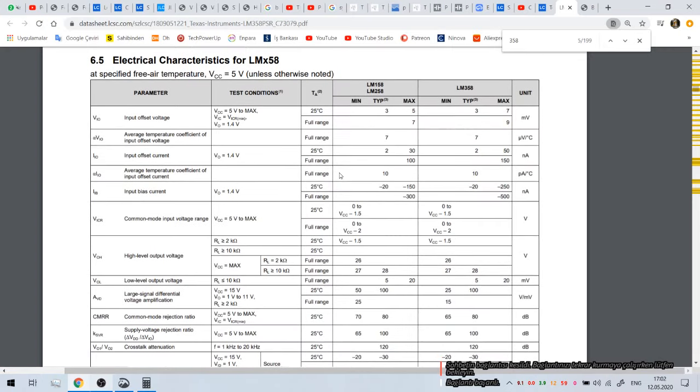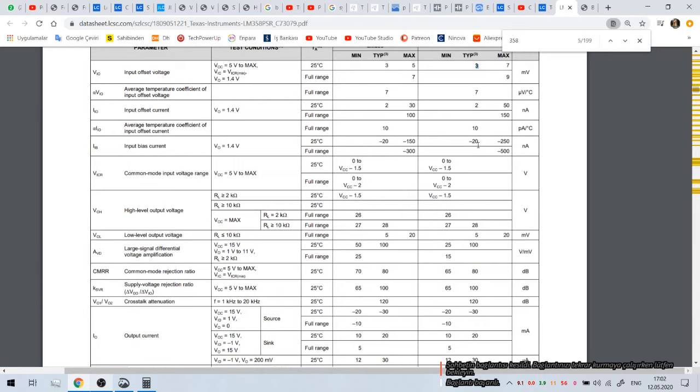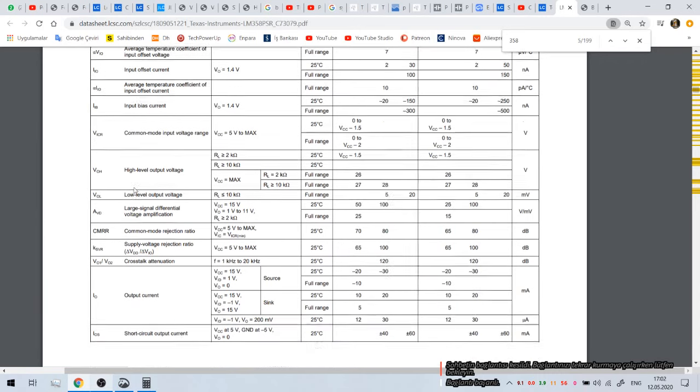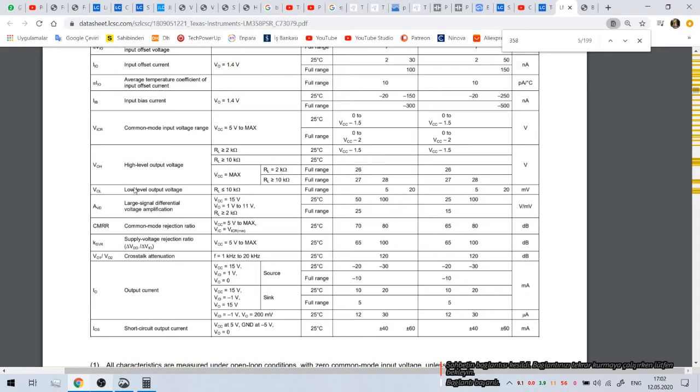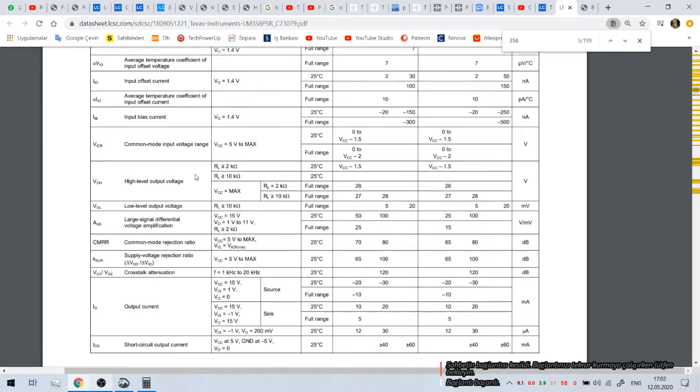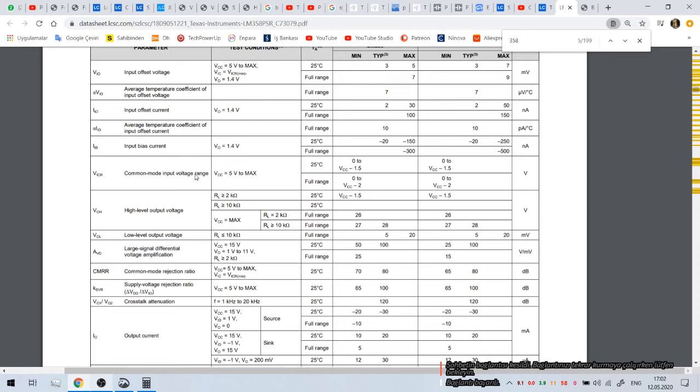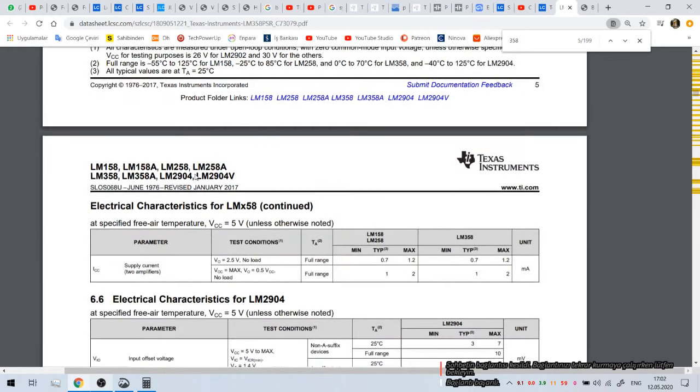Also, you can see input offset voltage. It is not important for this design. Input offset current, input bias current, high level output voltage, low level output voltage. Yes, this is important, the high level output voltage.